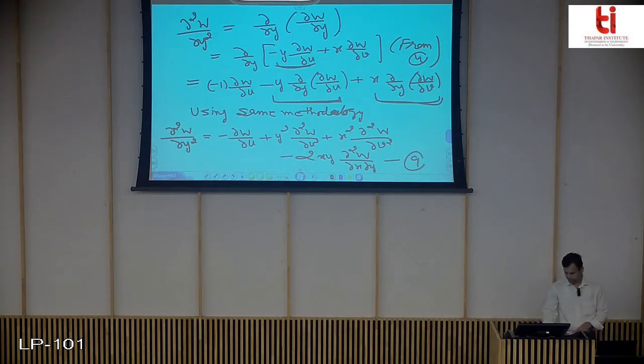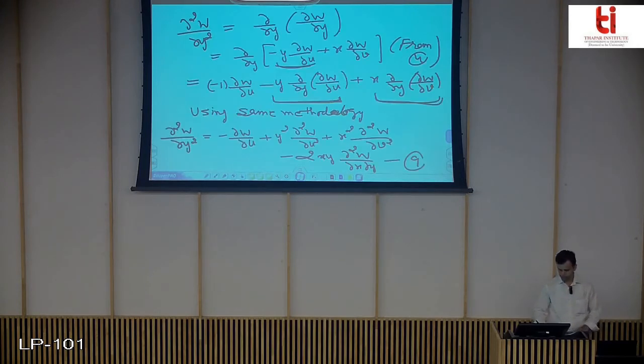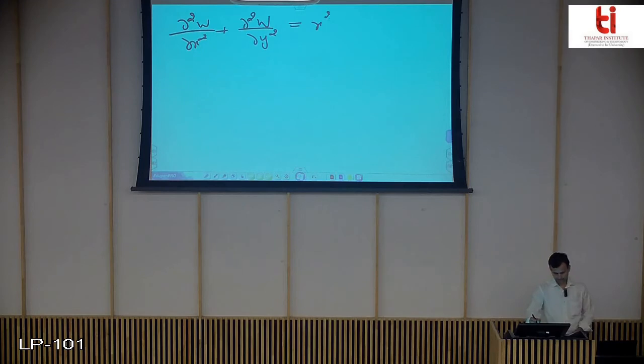So now you can see the sum of these two double partial derivatives of w with respect to x and y will be. So when you add these two, you will get x square, I am writing the terms after rearranging them, v square plus this one plus this one.